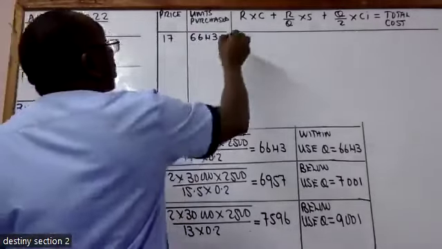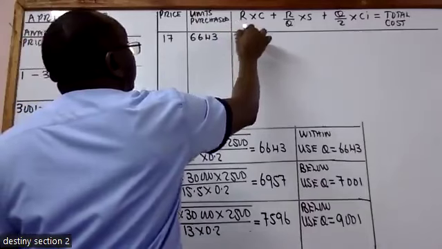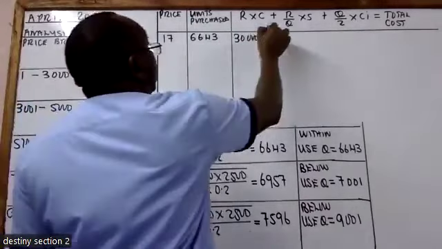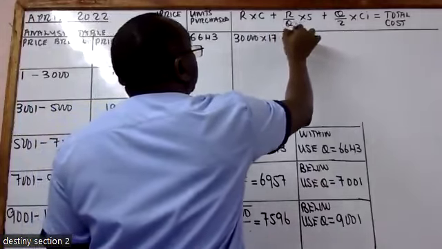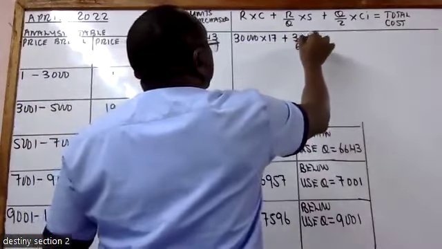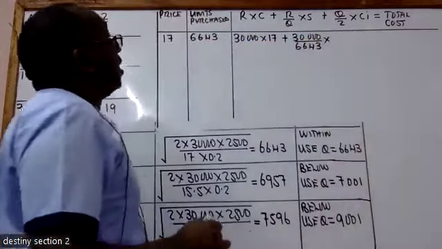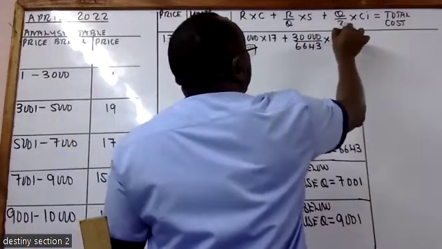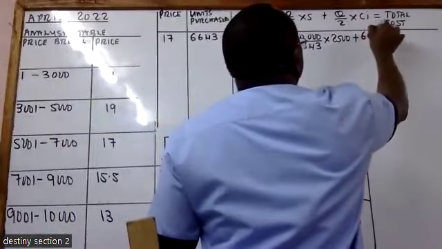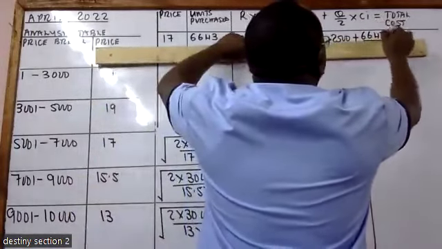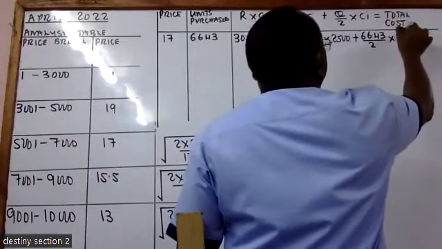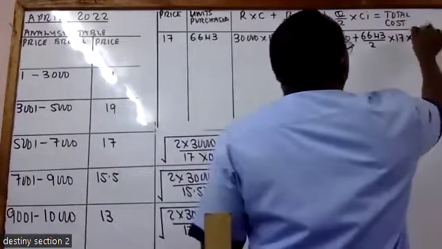So our total cost will be the annual demand, 30,000, multiplied by the price, which is 17, plus 30,000 divided by Q, which is 6,643, multiplied by S, which is 2,500, plus our Q, 6,643, divided by 2, multiplied by our C, which is 17, multiplied by I, which is 0.2.